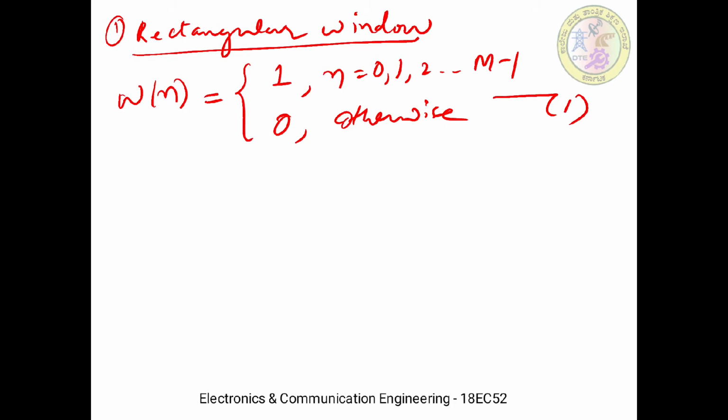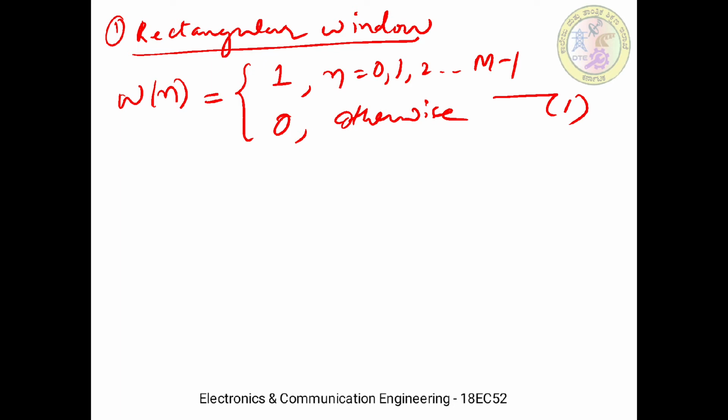In the previous slide we saw that the finite impulse response h of n can be obtained by multiplying HD of n with the window function. Now we are considering a particular window function, the rectangular window. Its definition is like this: a rectangular window has the value 1 for all n values from 0 to M minus 1, and its value is 0 otherwise.